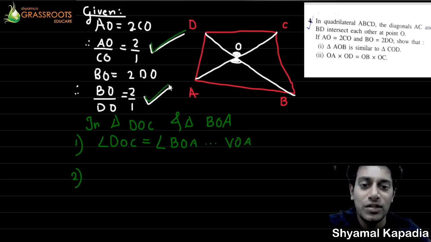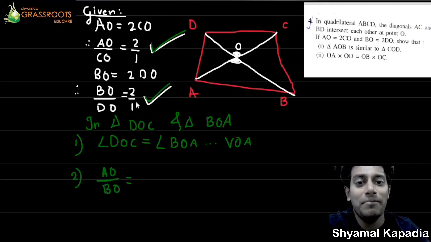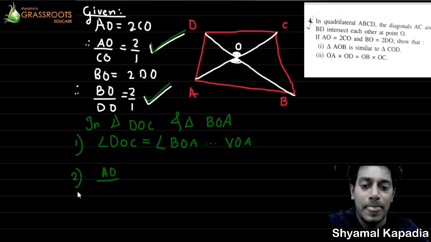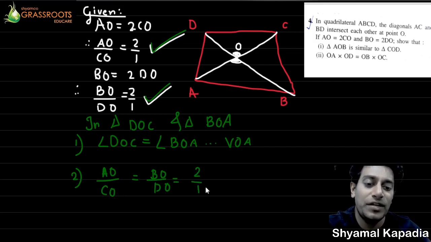This is equal to this. They both are equal, 2:1 ratio. So can I say AO upon CO is equal to BO upon DO, and both the ratios are 2:1.